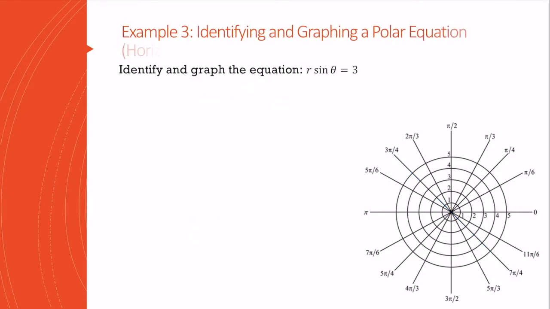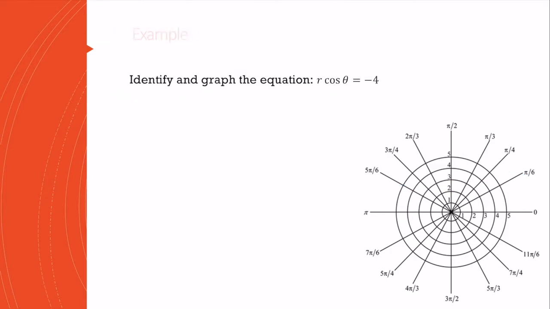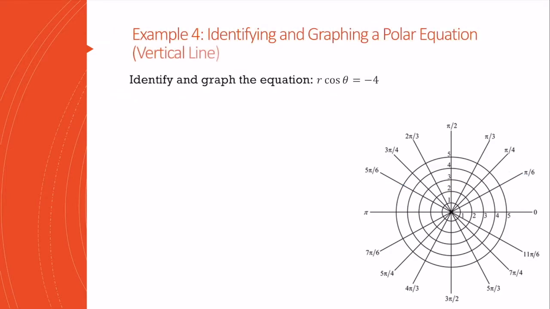Now, what if I have r sine theta equals 3? Remember, r sine theta is y. So this is the equation y equals 3. The graph of y equals 3 is a horizontal line. Next, if I have r cosine theta equals negative 4, well, r cosine theta is x.